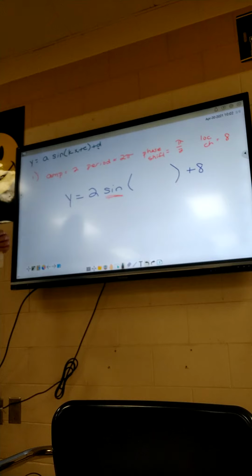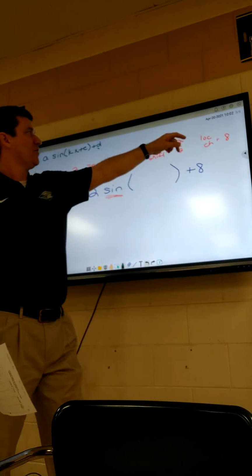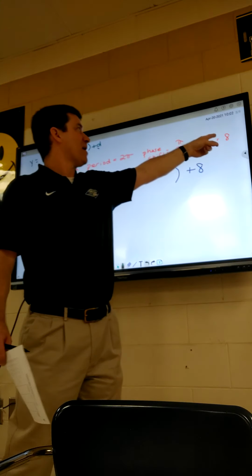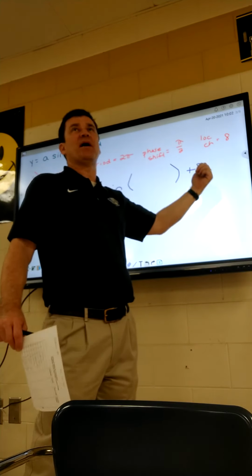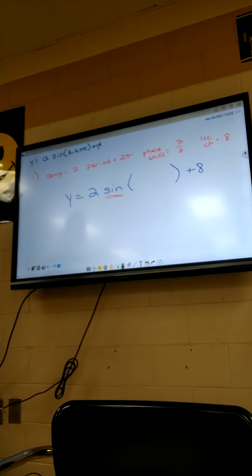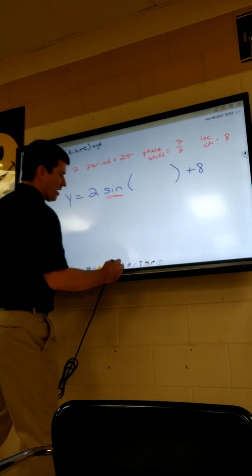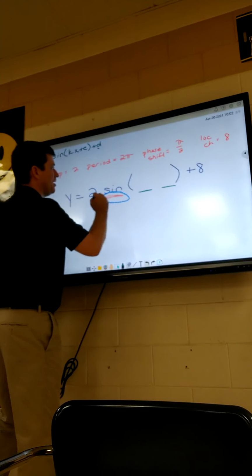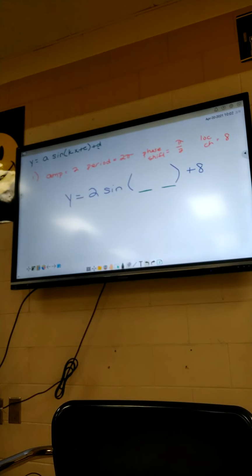Now, I know if the amplitude is 2, that goes in front. If the location change is 8, that goes on the end, up 8. If it was minus 8, it'd be minus 8 there. All right, so all we got to figure out is what goes in this spot and what goes in this spot. Any questions so far on how I got this much?